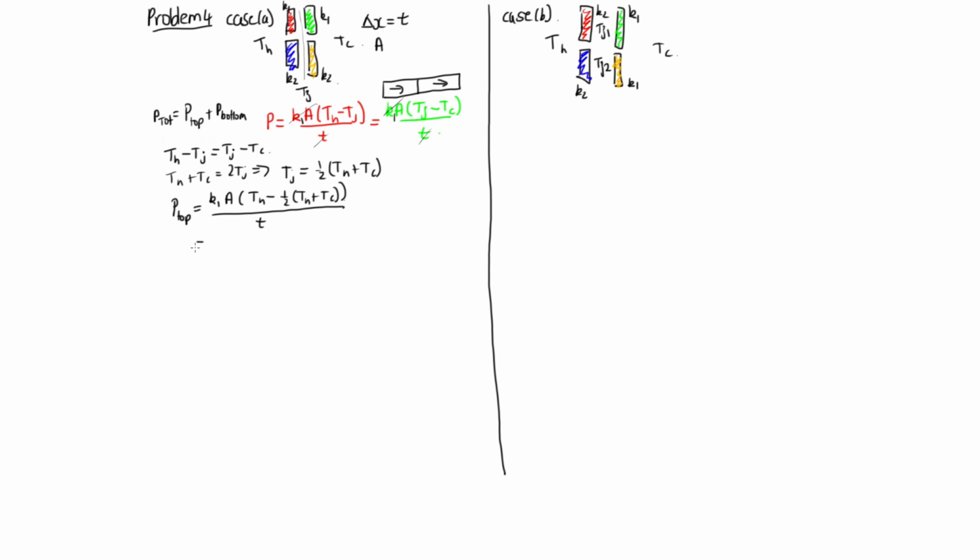And so that is equal to K1A. Now this is Th minus a half Th, so that's a half Th minus a half Tc, over T. So this is equal to K1A over, we can move this half out the front, so we'll end up with 2T times (Th minus Tc).